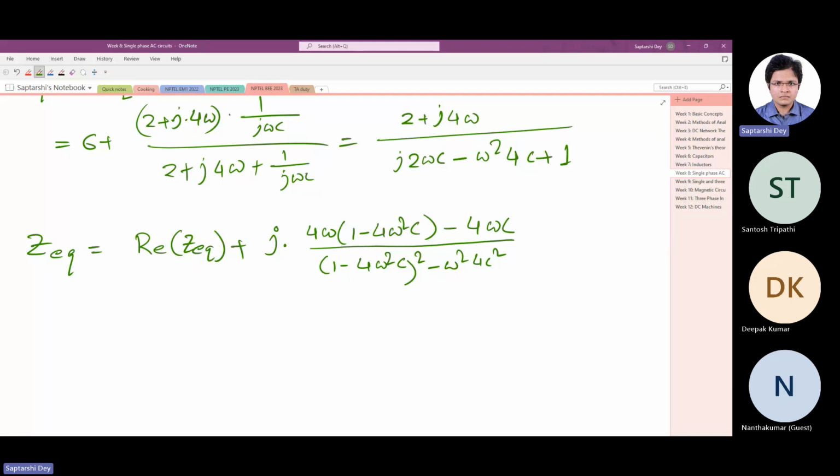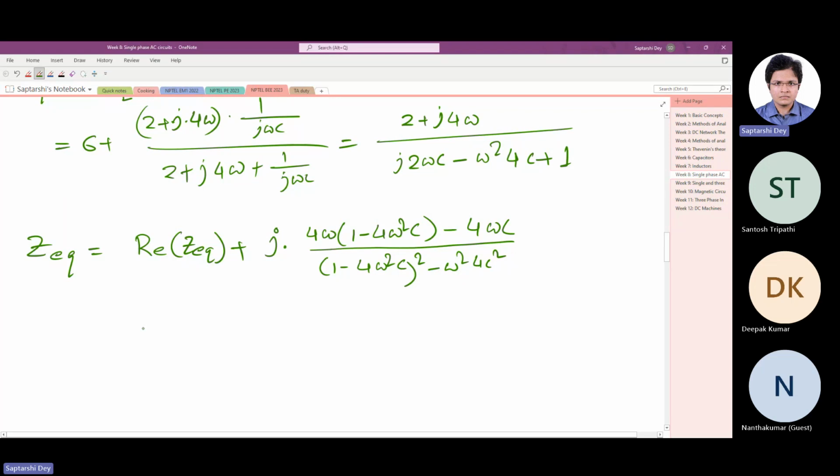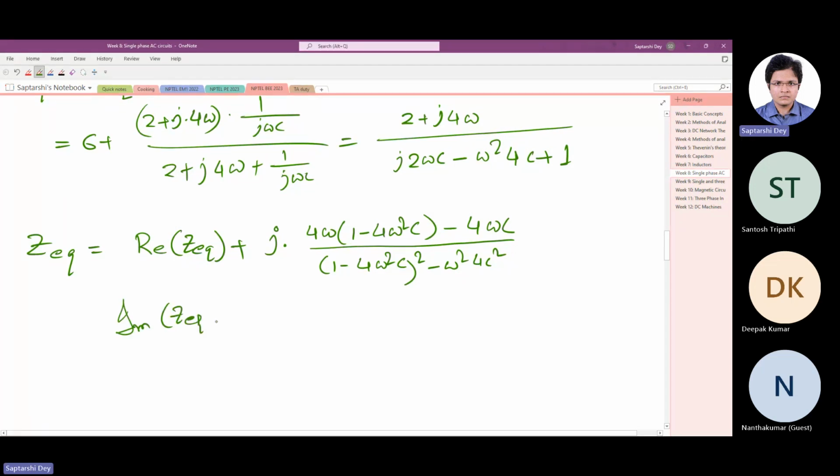The circuit basically behaves as a pure resistive circuit at that frequency, right? So pure resistive circuit means the imaginary part of the impedance expression should be 0. So this imaginary part of Z equivalent we have to equate to 0.